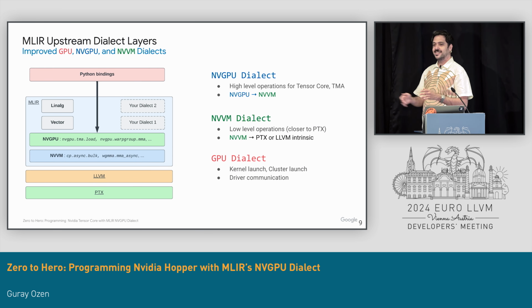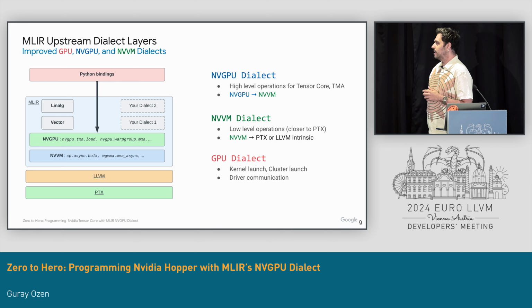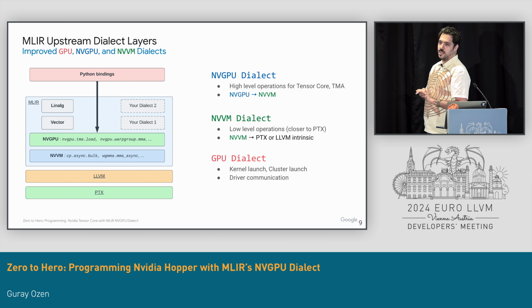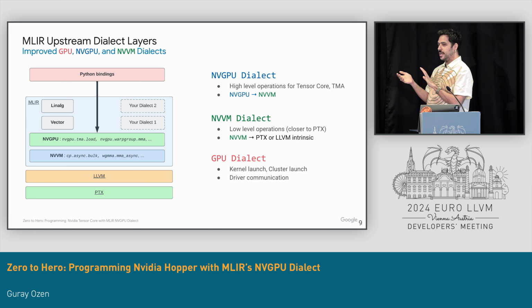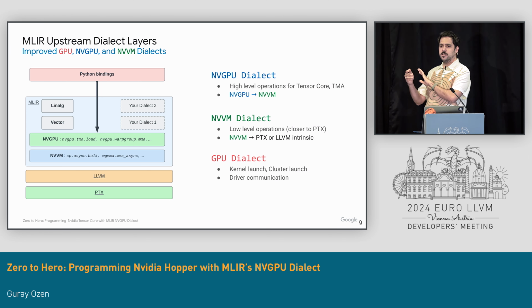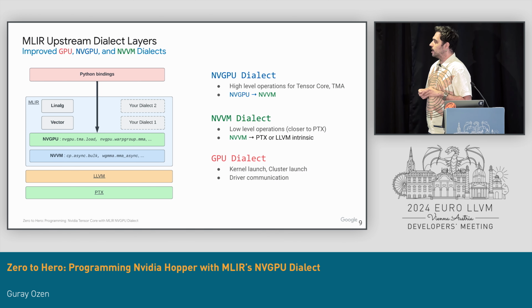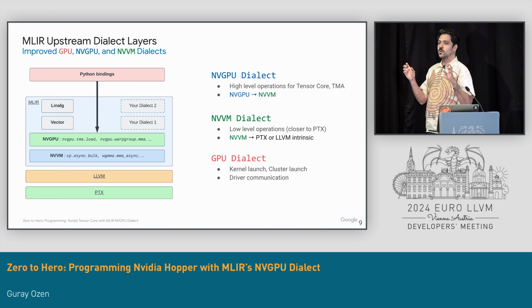Let's start. Where are these dialects, and where are we? Here is MLIR, LLVM, PTX. If you look at the bottom level of MLIR, you will see the NVVM dialect. The NVVM dialect is like PTX, but a little bit higher level, almost PTX. On top of it, you will see the NVGPU dialect, which I think is so cool.